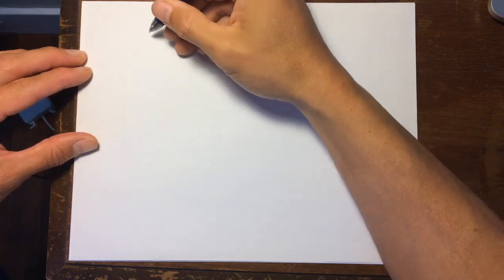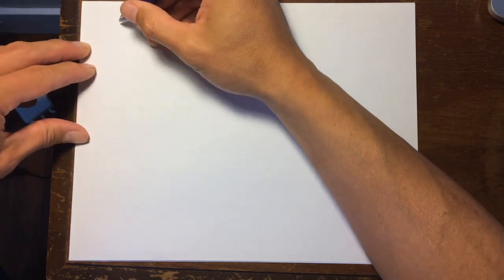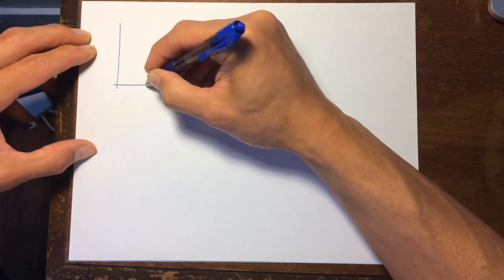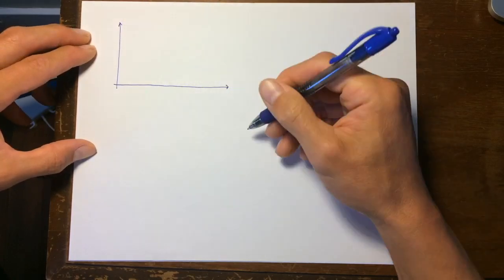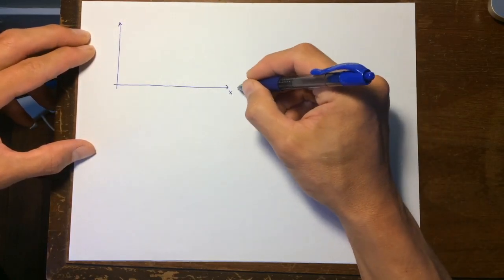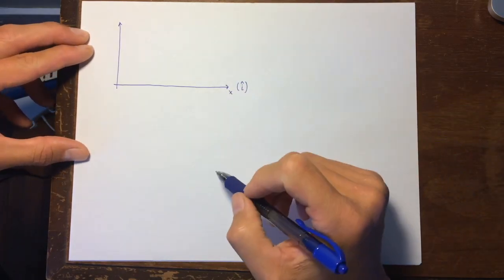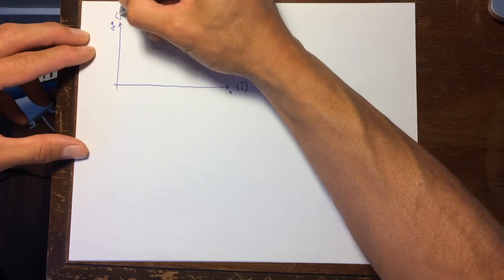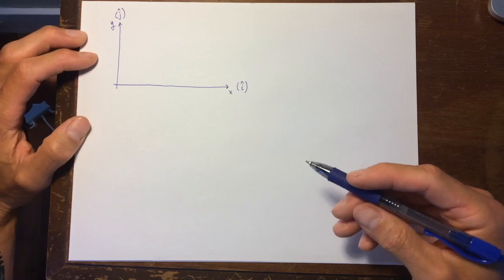Let's put the charges from the earlier problem on a coordinate system. So for this first example, we'll just keep it two-dimensional. So we'll have an x direction that we move along with this unit vector i hat, and a y direction that we use j hat to go up and down.